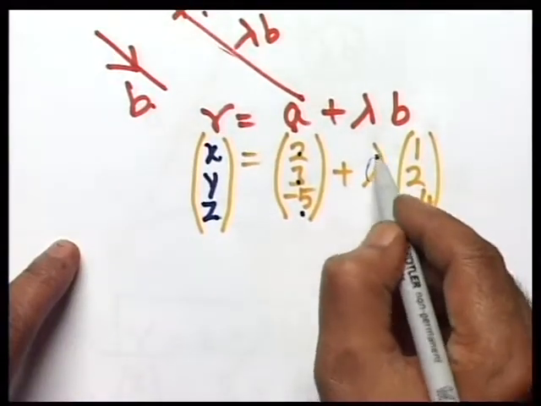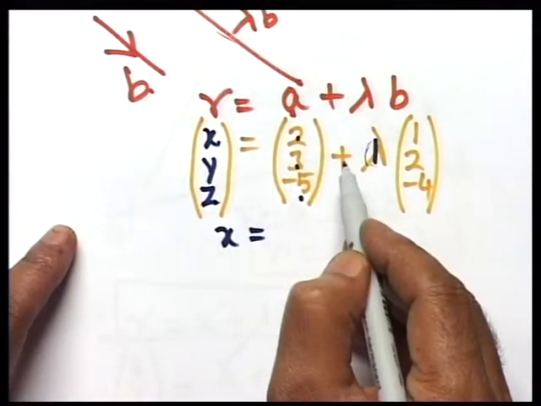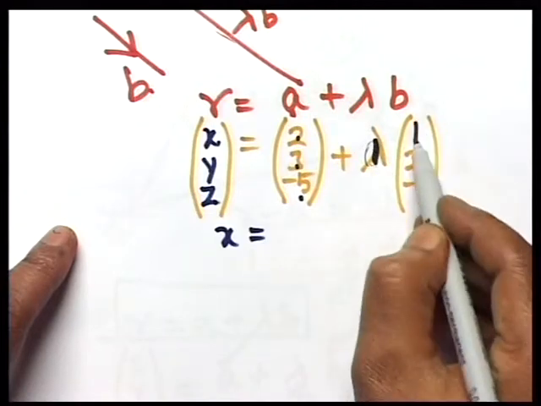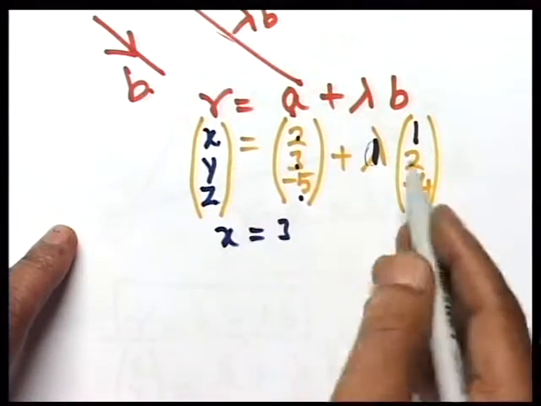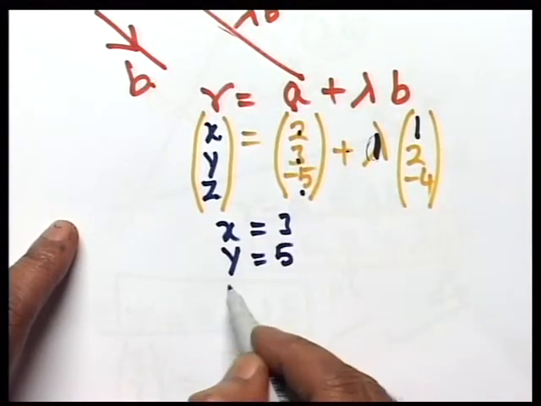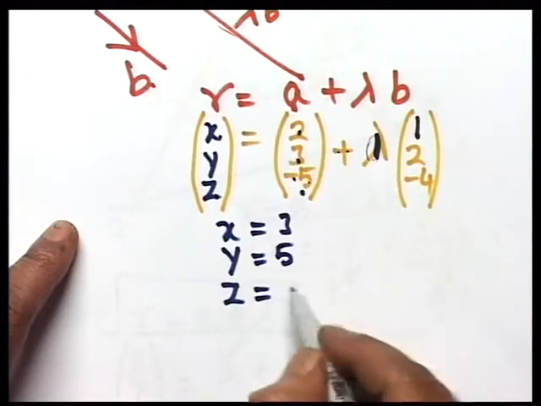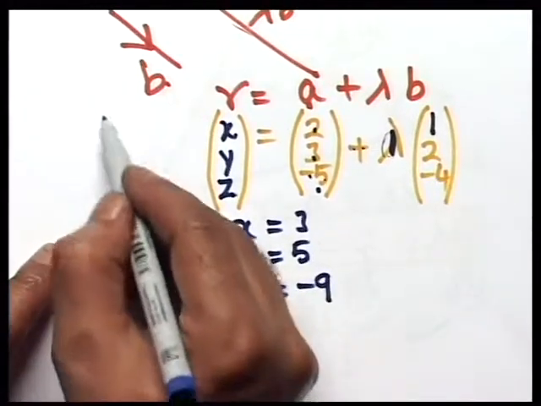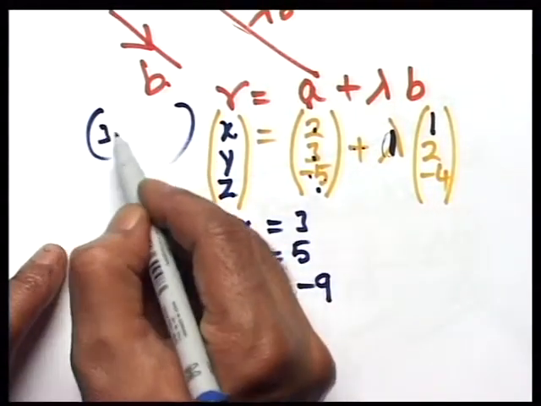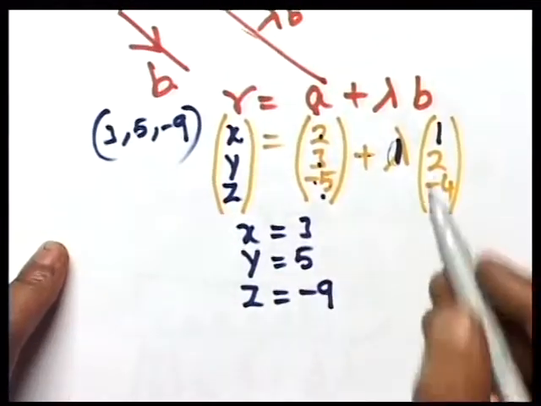If lambda is 1, for example, the x coordinate will be 2 plus 1 times 1, which is 3. The y coordinate is 3 plus 2, 5. The z coordinate is minus 5 plus minus 4, minus 9. So there is a point 3, 5, minus 9 on that line when lambda is 1.